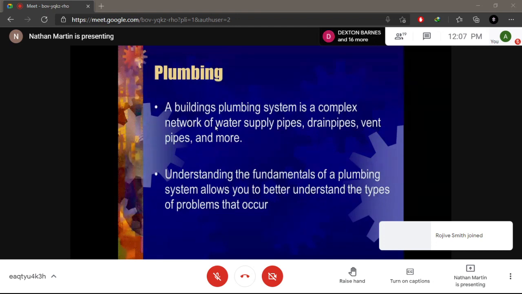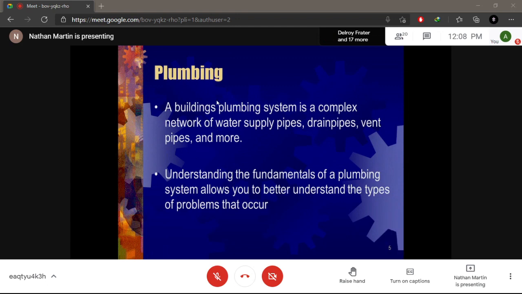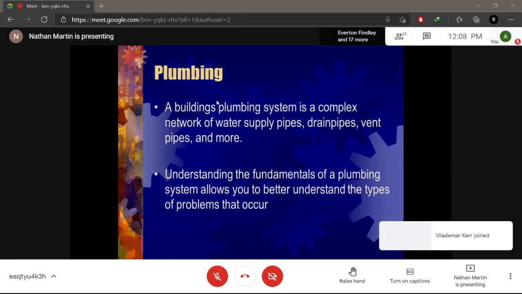This is also classified as the DWV, drain waste vent system, right?